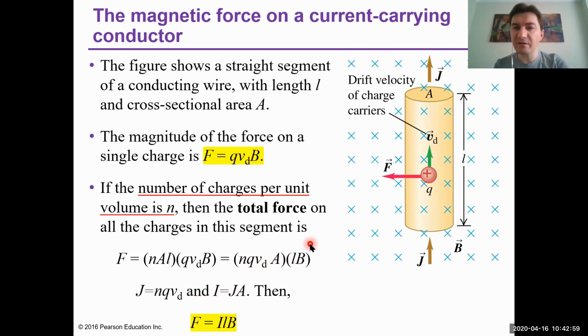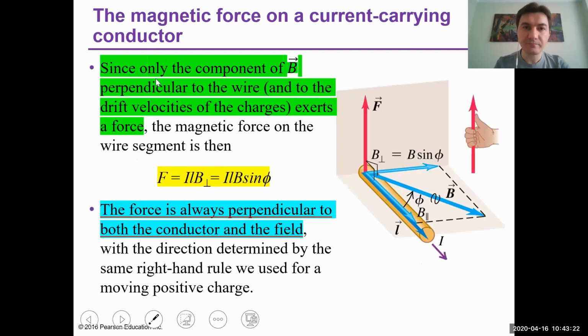Here we have the length of the wire, and here the magnetic field. Then the total force acting on the straight conducting wire can be written like this: current times length of the wire times the applied field. This is the magnetic force acting on a current carrying conductor.